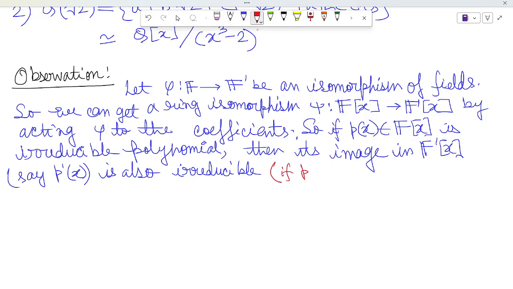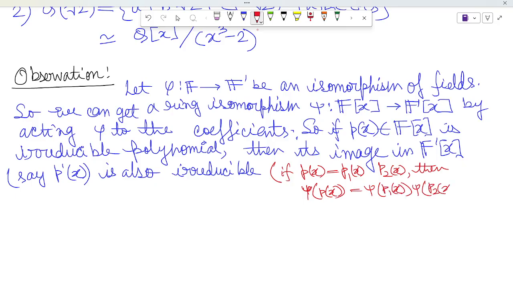If p(x) equals p1(x) p2(x), then psi of p(x) equals psi of p1(x) times psi of p2(x). But psi is an isomorphism, okay?